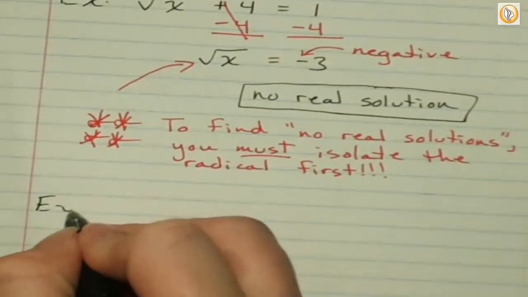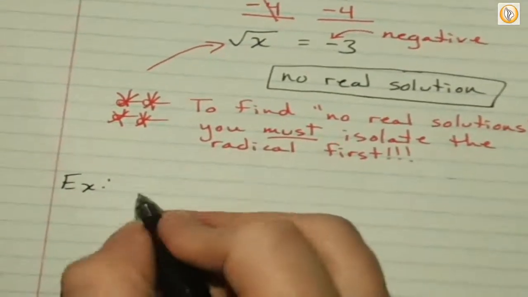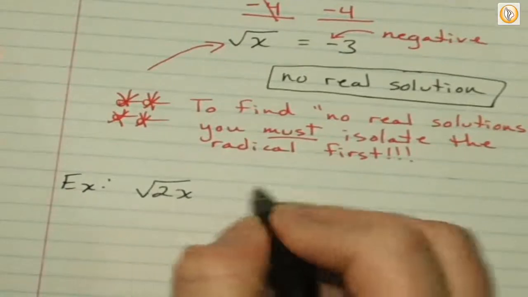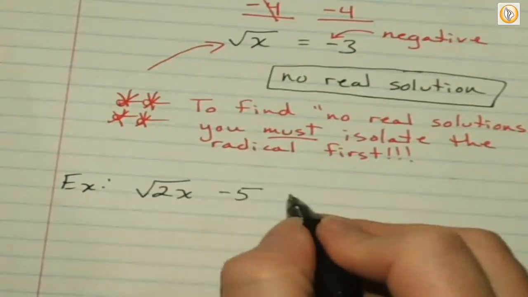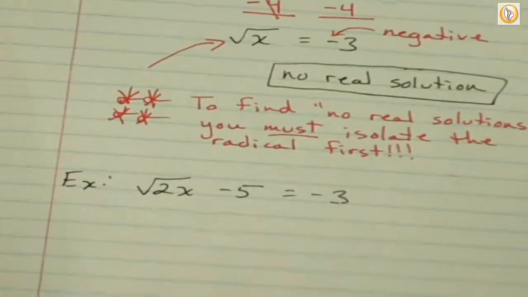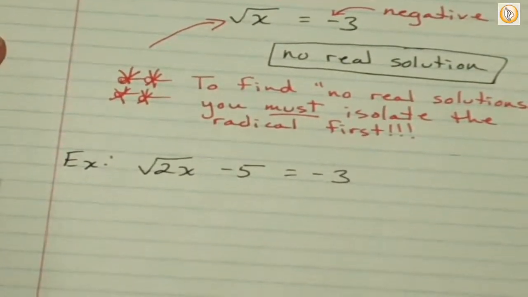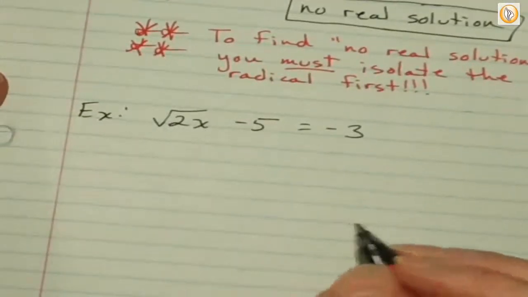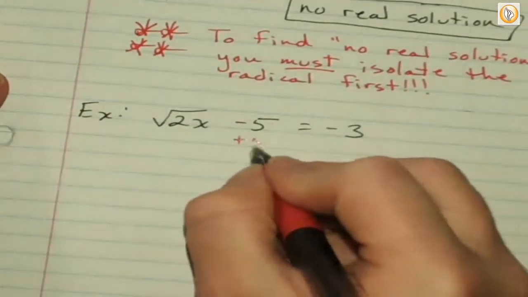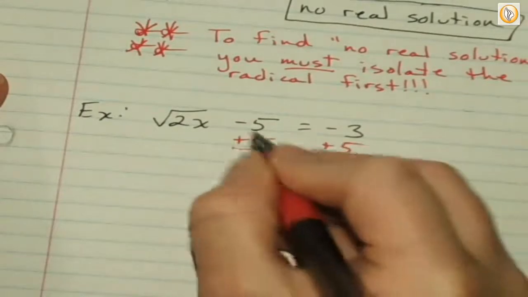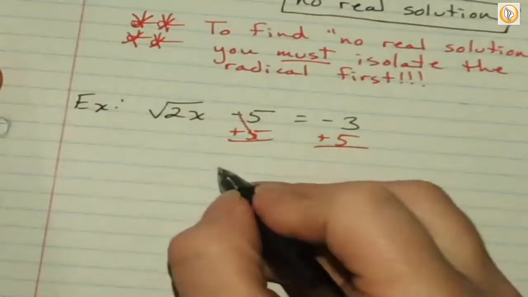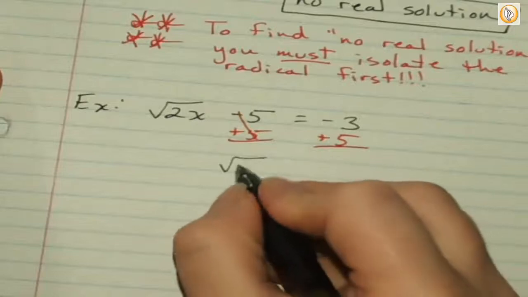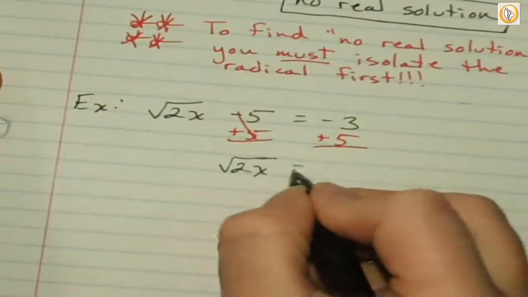Example: 2x minus 5 equals negative 3. Can I have a volunteer? Atalia, thank you for volunteering. What do I do? You're going to add 5 on both sides, which gets you radical 2x equals 2.